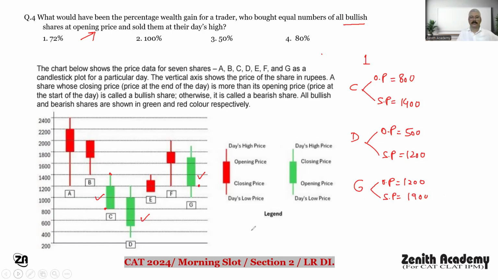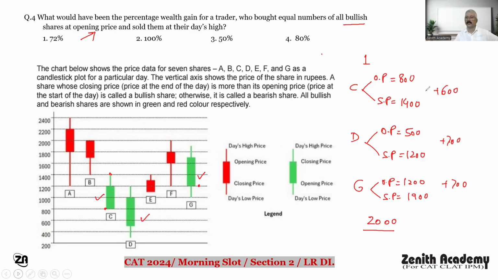So the question is now, what would have been the percentage wealth gain for a trader? So here gain is 600, here gain is 700 and here also gain 700. So the total gain is 600 plus 700 plus 700, means 2000.